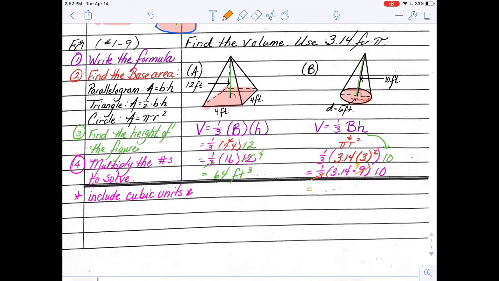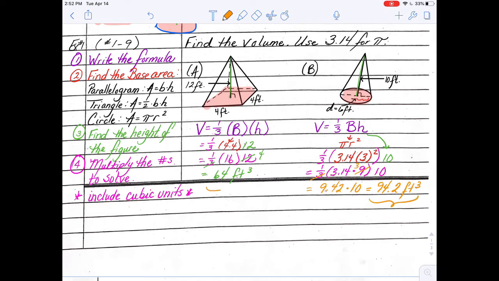Then I can just multiply 3.14 times 3, or I could do 3 times 10 and get 30. Again, the commutative property of multiplication says it doesn't matter about the order. That would give me 9.42 times 10, which I can do in my head, 94.2, and again, cubic units.